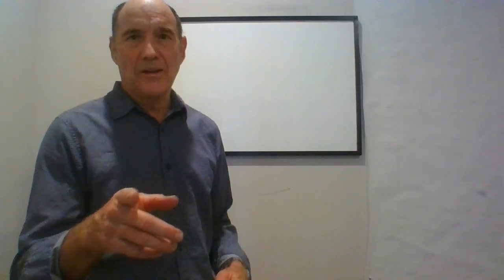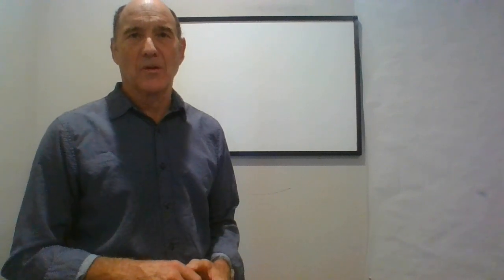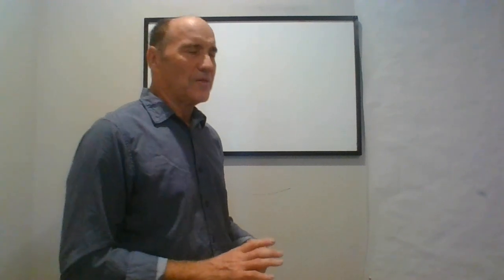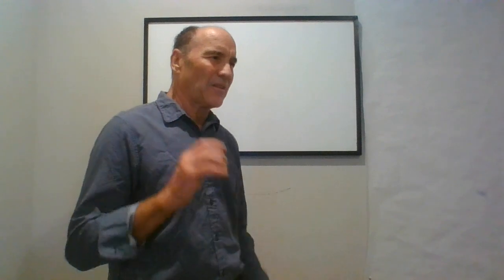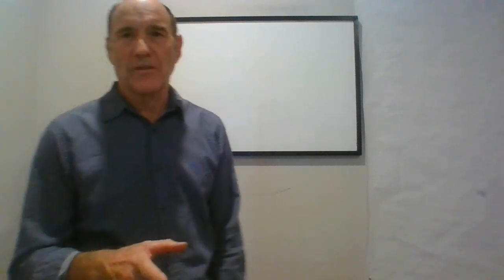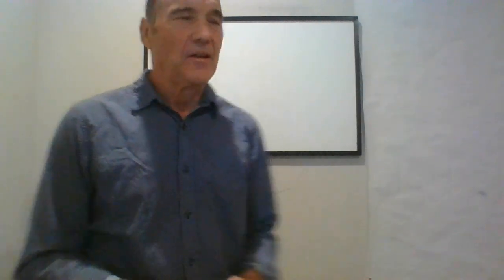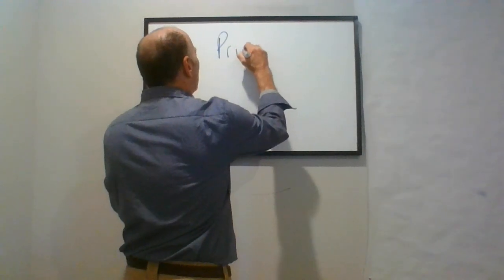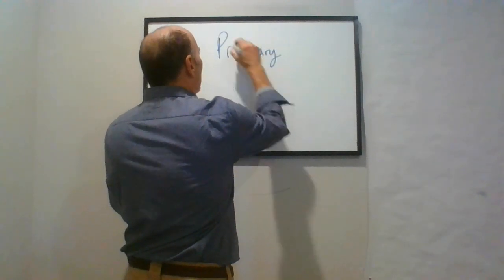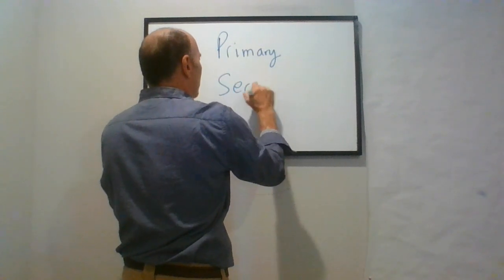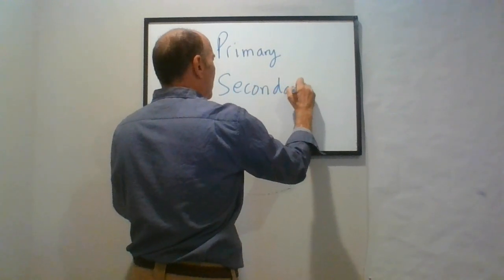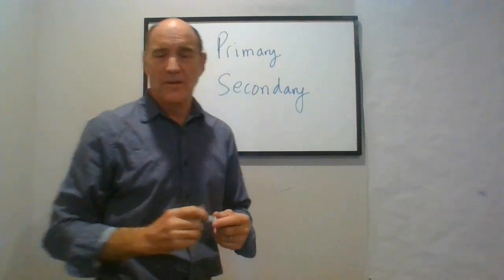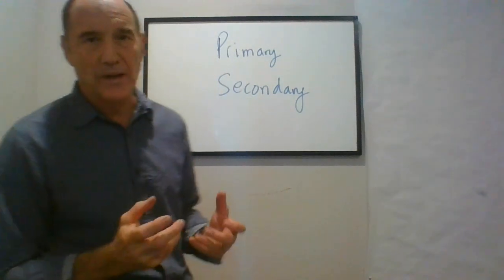But that didn't happen quickly the first time through. It did happen the first time, but it took the 3 weeks. So here you go, primary and secondary responses. The primary response is just what I described.